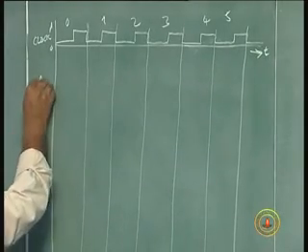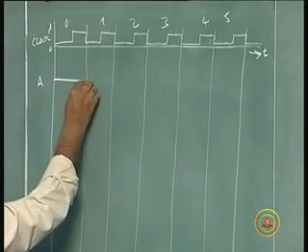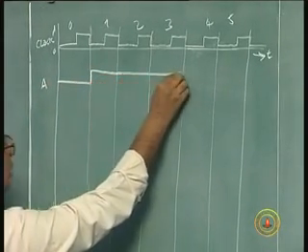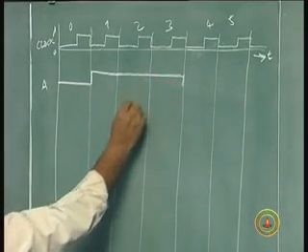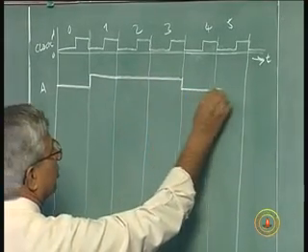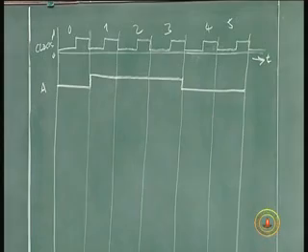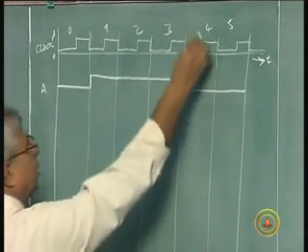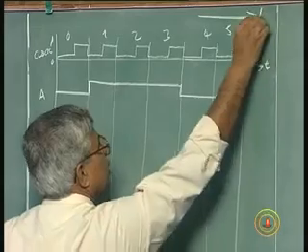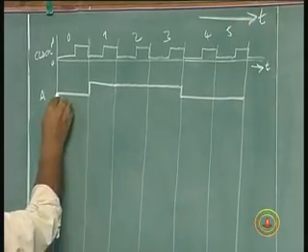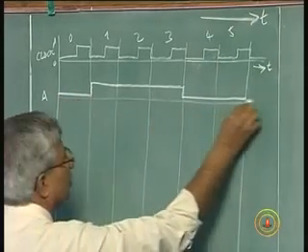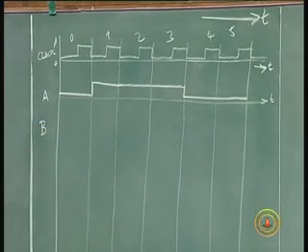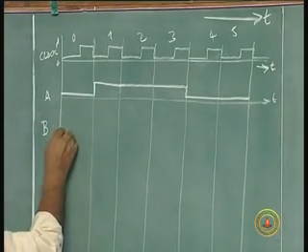A would be 0, then becomes 1, remains 1 for 3 clock pulses, and then remains 0 for the rest of it. This is the output A. All are on the time axis. I will not show timing separately. This is the time axis. Okay, B would be 0 for the first 2 clock pulses.